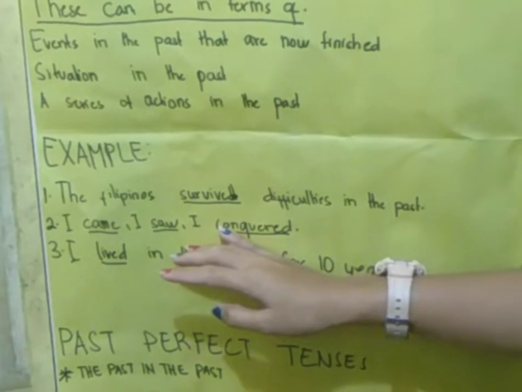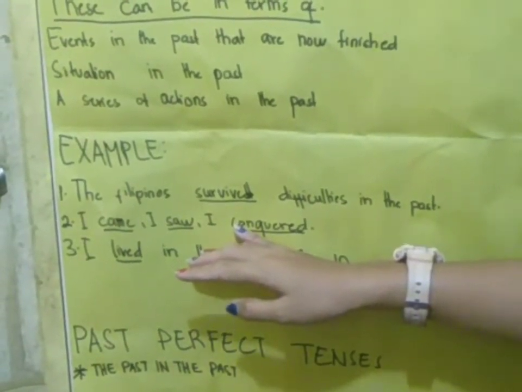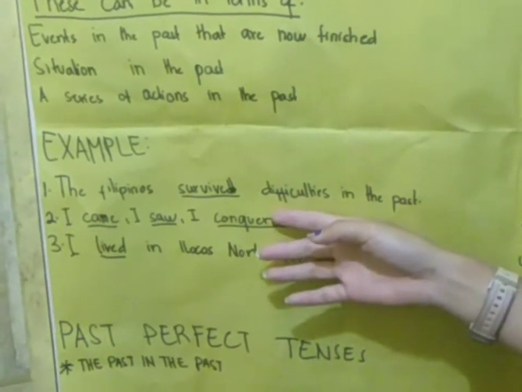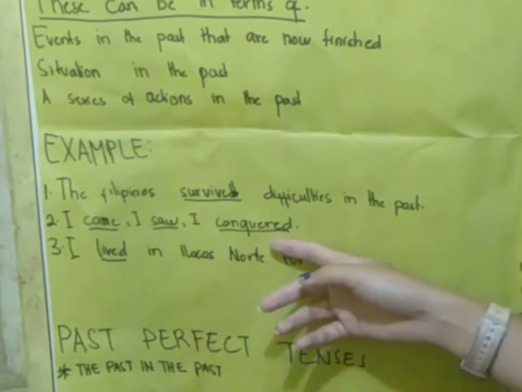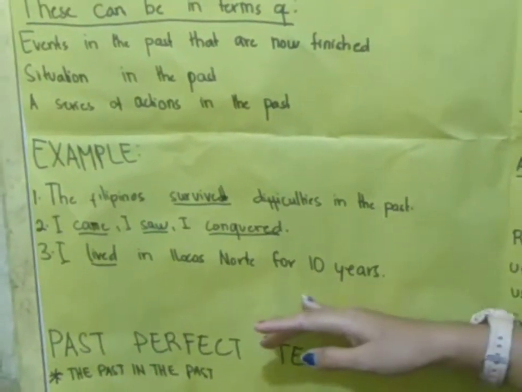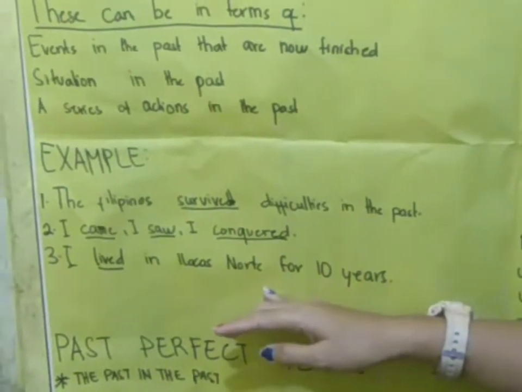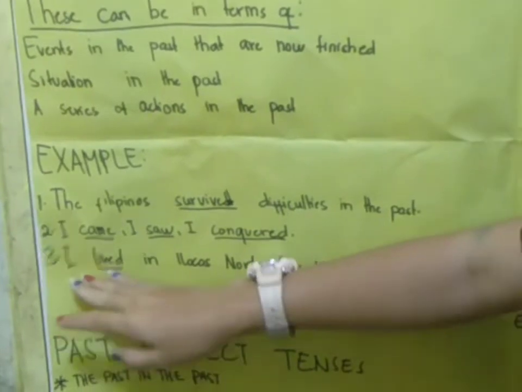In this example we have a series of past actions, which are came, saw, and conquered. And lastly, number three: I lived in Ilocos Norte for 10 years. This sentence expresses a situation in the past, and the verb that we use is lived.